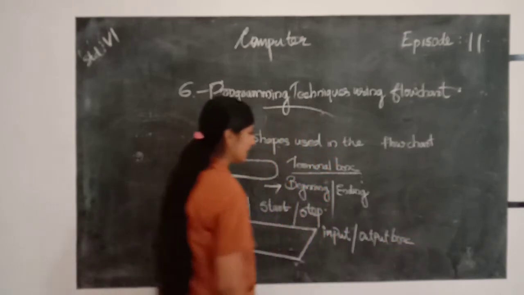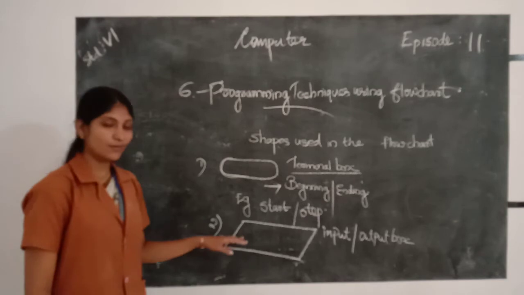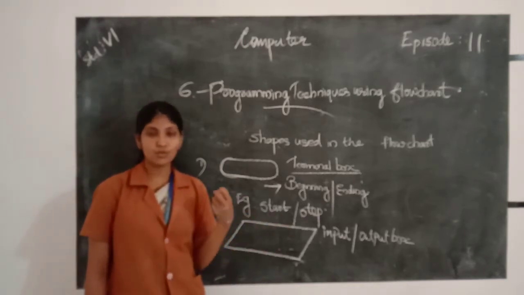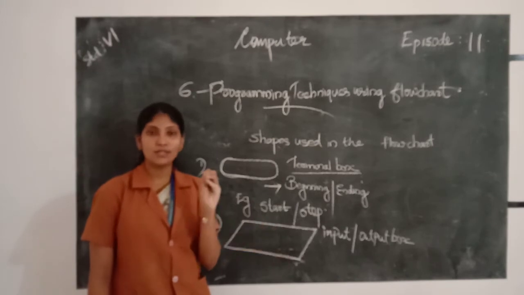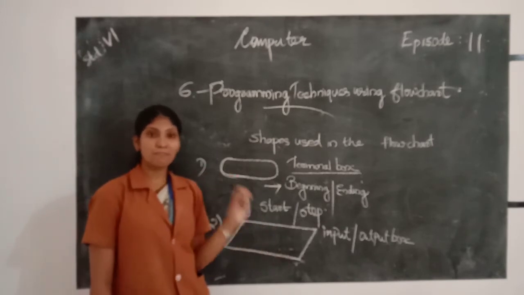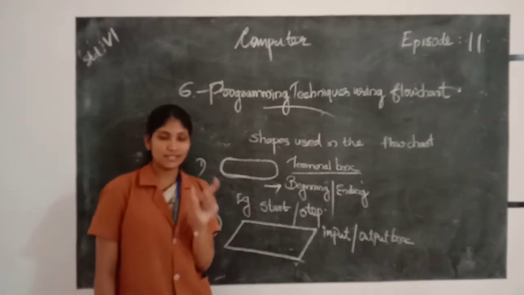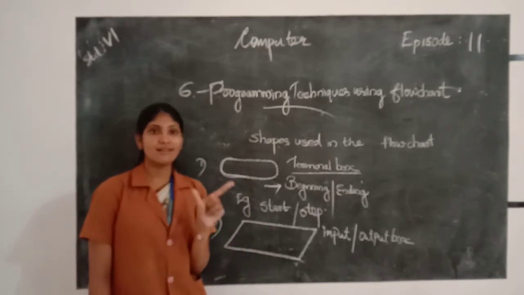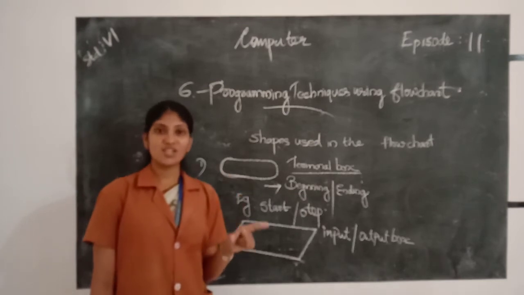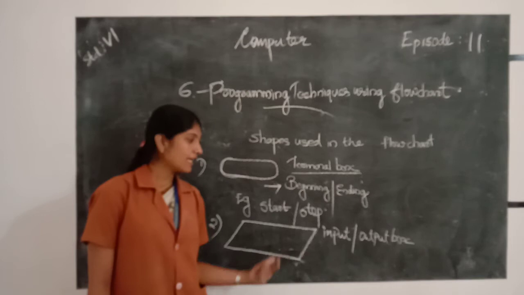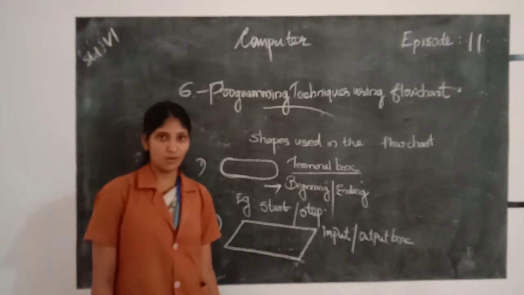And here we can write to accept a data, to read a data. So that read or print we can write here. The instruction reading or printing statement should be written in the input or output box.